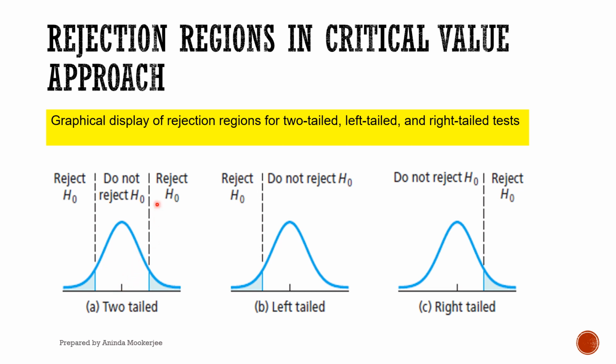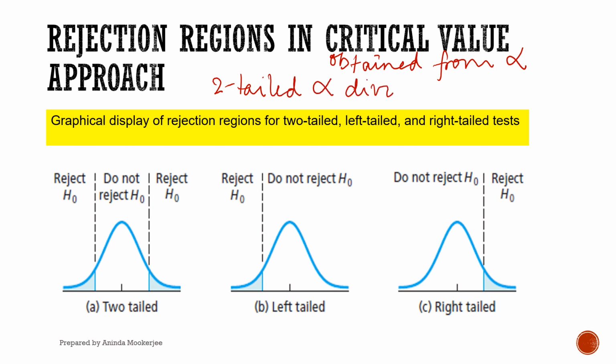Okay, now since the critical values are obtained from alpha, for a two-tailed test, we have to split alpha into two equal parts. So for two-tailed tests, alpha will need to be divided equally between the two ends, alpha divided by 2.